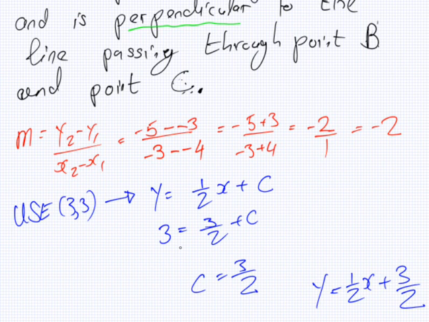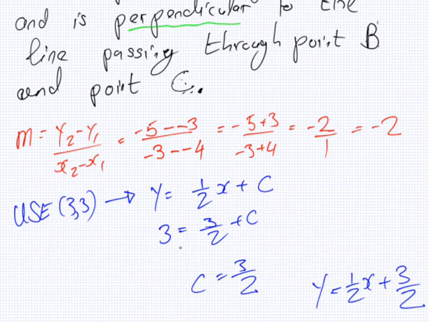It's the same because A is still on it, so I still need to use the point, 1, 9, wasn't it? So I put that in here. I get 9 equals minus 7 over 5 plus C. So C equals 9 plus 7 over 5, which equals 45 over 5 plus 7 over 5, 52 over 5.